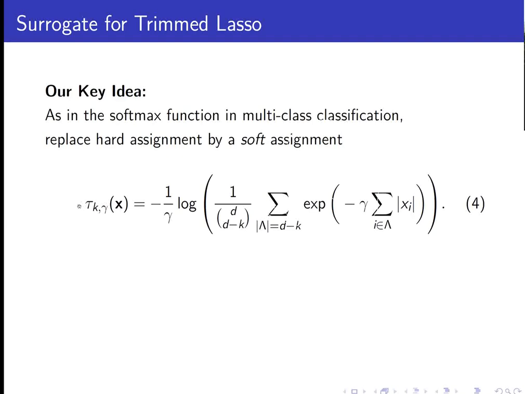We're going to look at this penalty function. It goes over all possible subsets. For each of them, it computes their sum, takes an exponent, and then takes the sum of all of those and takes a log. We call this function generalized soft min, GSM in short. This function has some very appealing properties.